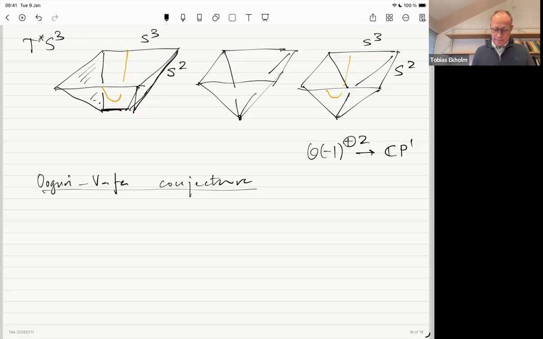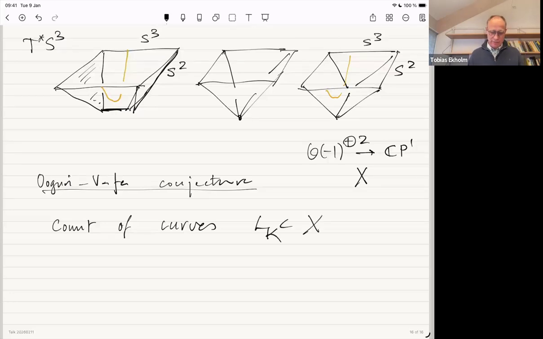It says that the count of curves of X inside L_K inside X, where maybe I'll call this space the resolved conifold X, is given by Z. So they of course didn't quite write this as Skein valued, but it's very close to Skein valued.